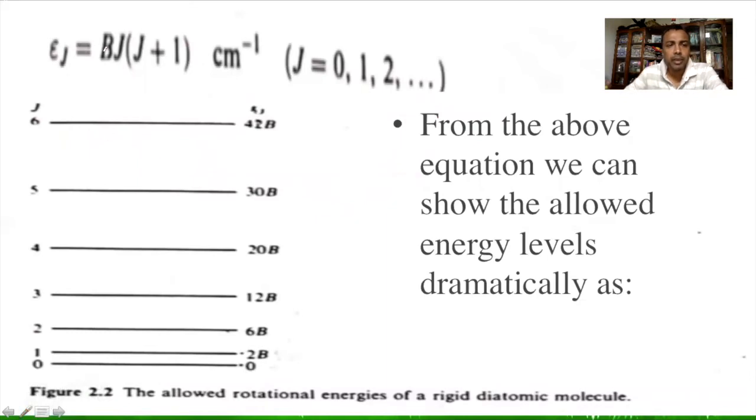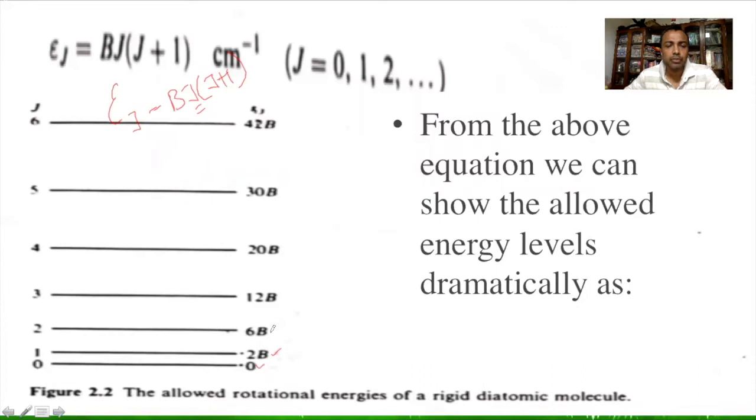Here is the way to calculate the rotational energy of rigid diatomic molecules, and what would be allowed and what will not be allowed. Since F(J) is equal to B J into J plus 1, if I place the value of J as 0, it will be simply 0. If J is 1, it will be 2B.